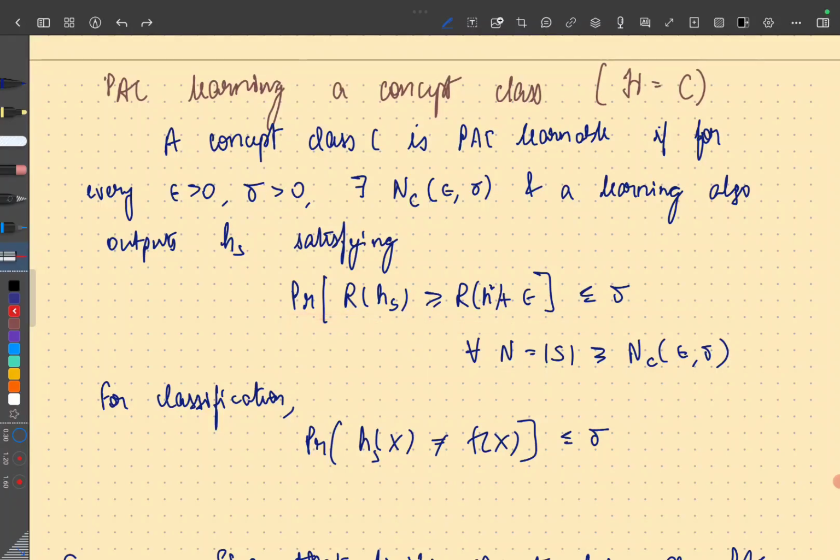The second condition should be derived from the first condition, right? Because the first condition is the base one, while the second follows for the special case of classification. Correct. So this is basically obtained by setting epsilon equal to 0. Why do you say that epsilon equals zero for classification?